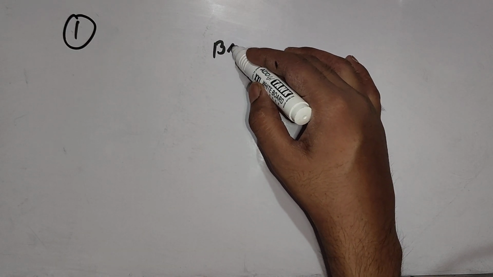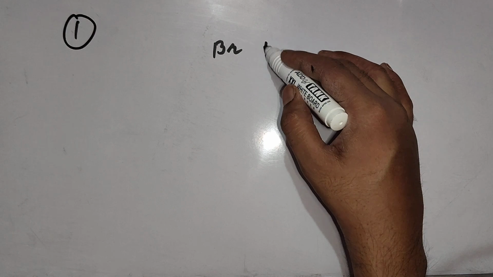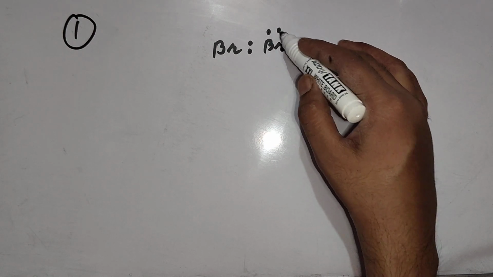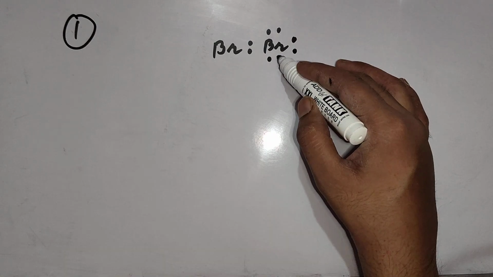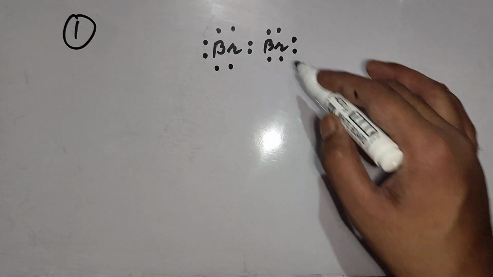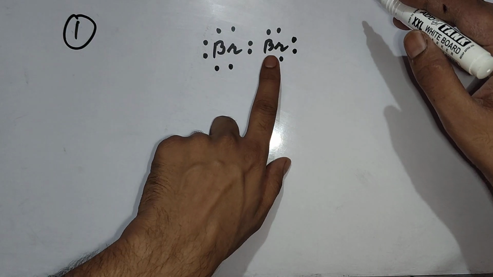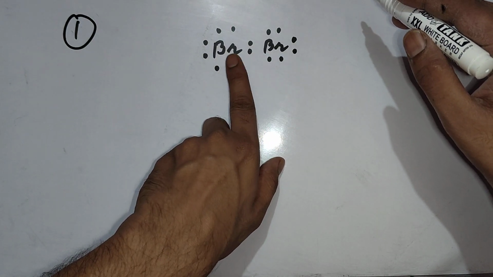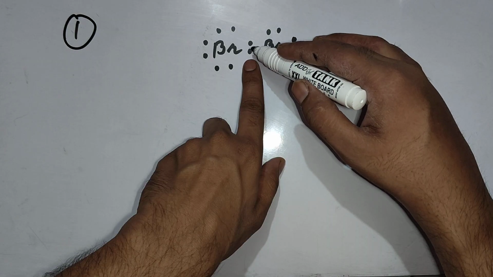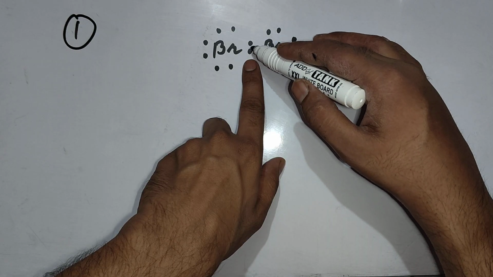We know we were adding bromine to phenol. This is a bromine molecule. In the bromine molecule, there are bromine atoms and between the two atoms there is a single bond, a sigma covalent bond, which is generated by the sharing of two electrons.